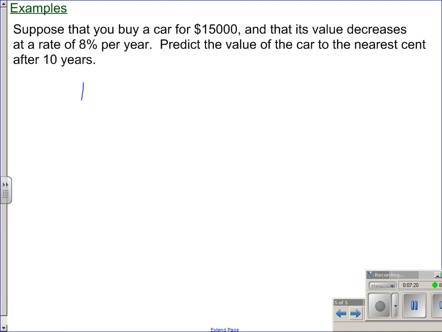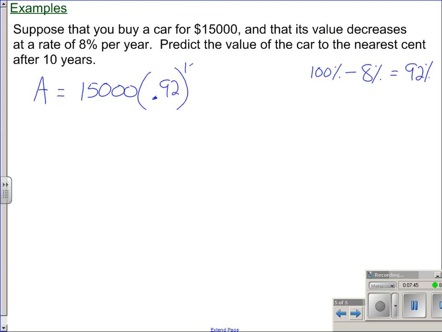All right, so the amount is how much we started at, 15,000. Now, what are we multiplying by? Okay, we start out with 100% of the value. Each year, we're losing 8%. So each year we have 92% of its value. That means our multiplier is 0.92.